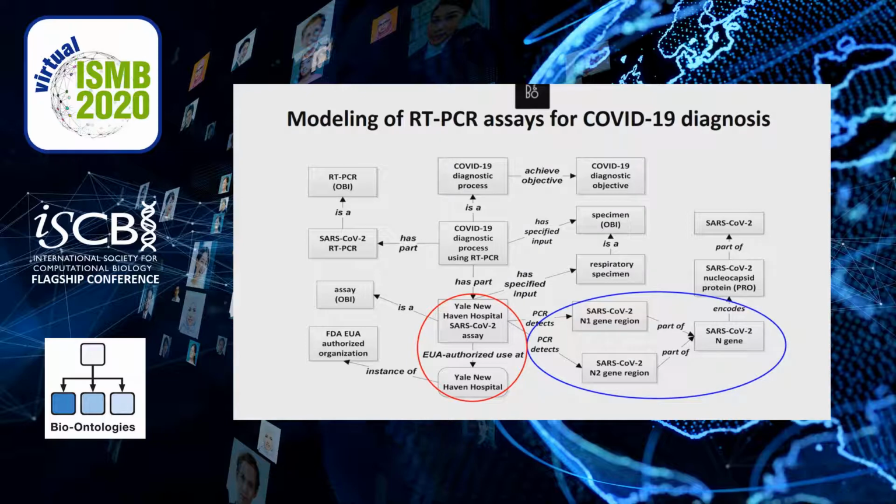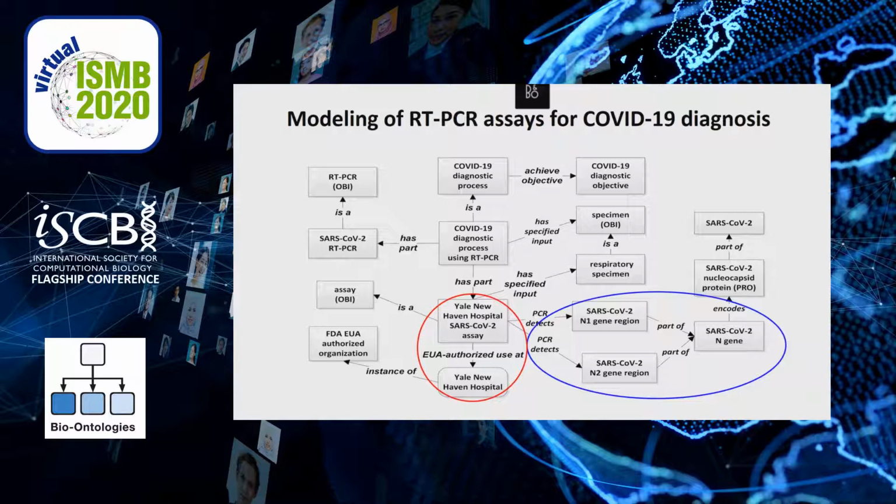We adopted previously developed PCR diagnosis representation from the CIDO brucellosis ontology and provided here a high-level modeling of the test in the context of COVID-19. So this Yale New Haven Hospital SARS-CoV-2 assay is an RT-PCR test, and it is a part of COVID-19 diagnostic processing that is using RT-PCR.